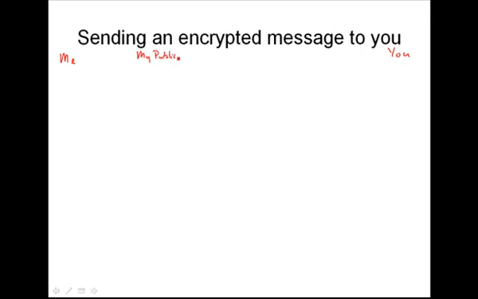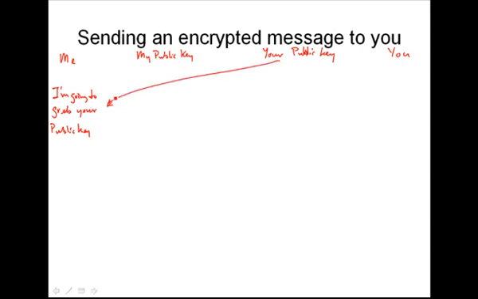There's my public key, and there's your public key that's out there where anybody can see them. So if I want to send an encrypted message to you, what I'm going to do is grab or download, however you're going to put it, your public key.